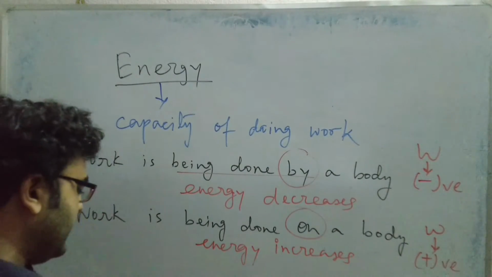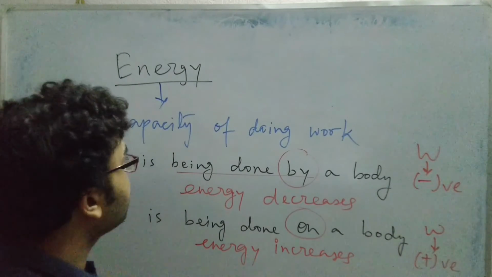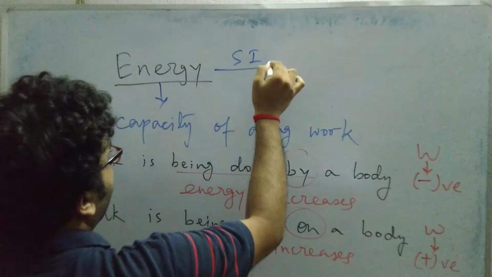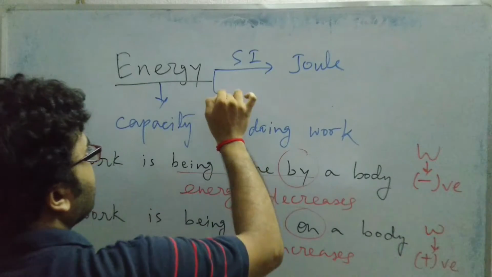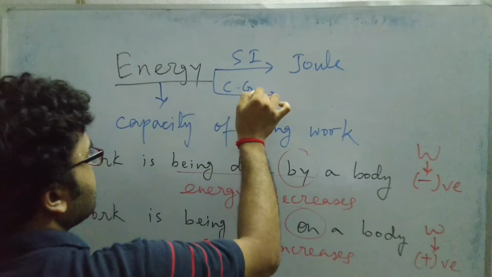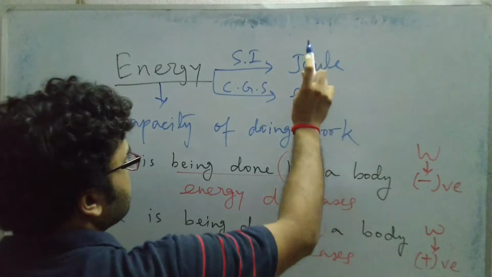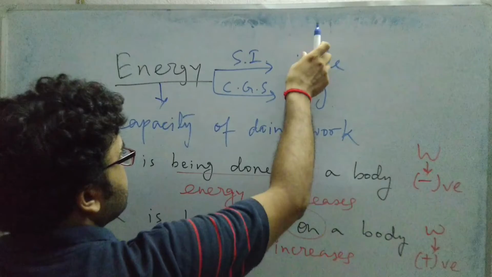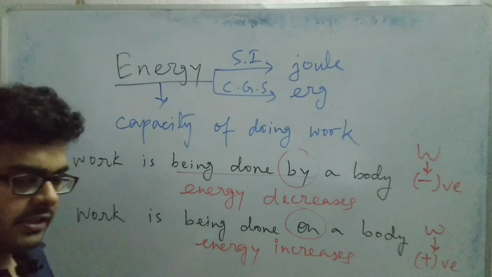So considering the SI unit of work to be joule, obviously you can say that the SI unit of energy is also joule, and the CGS unit of work is erg. So these are the two units of energy. These are the most commonly used units of energy.